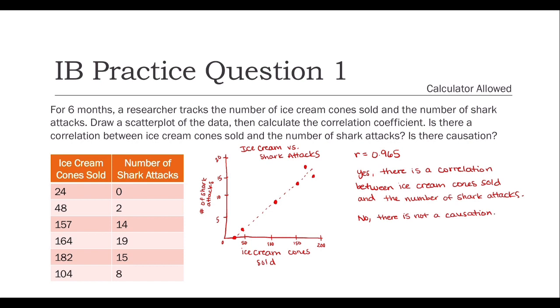If we think about it, there's a good chance that shark attacks increase as ice cream cones sold increase, because when it's warmer outside, people will go swimming in the ocean, which would lead to shark attacks. And when it's warmer outside, people buy more ice cream. So there's some other variable that's leading to this relationship. So just because there's correlation does not prove that there's causation. So this would be the solution to your problem.